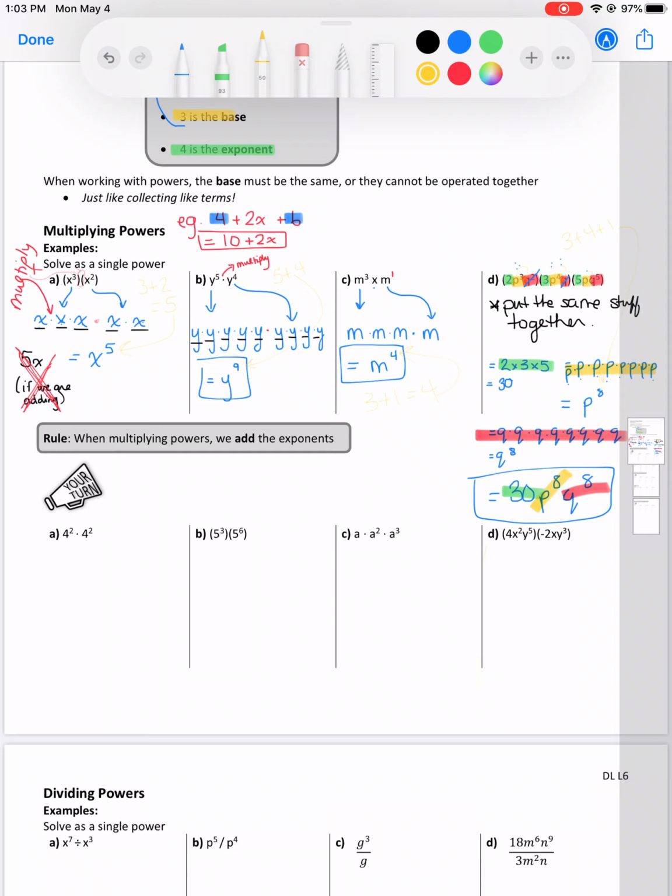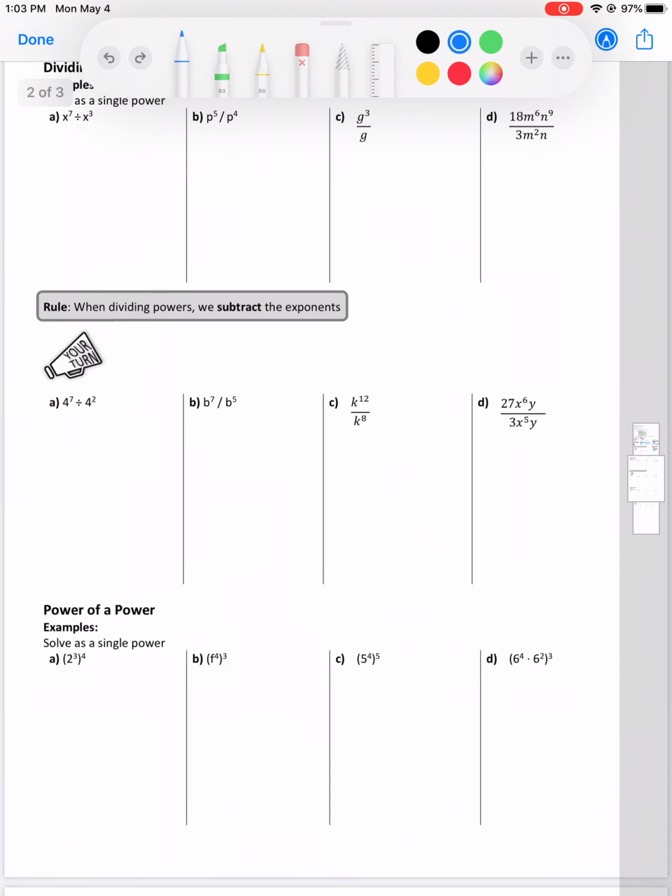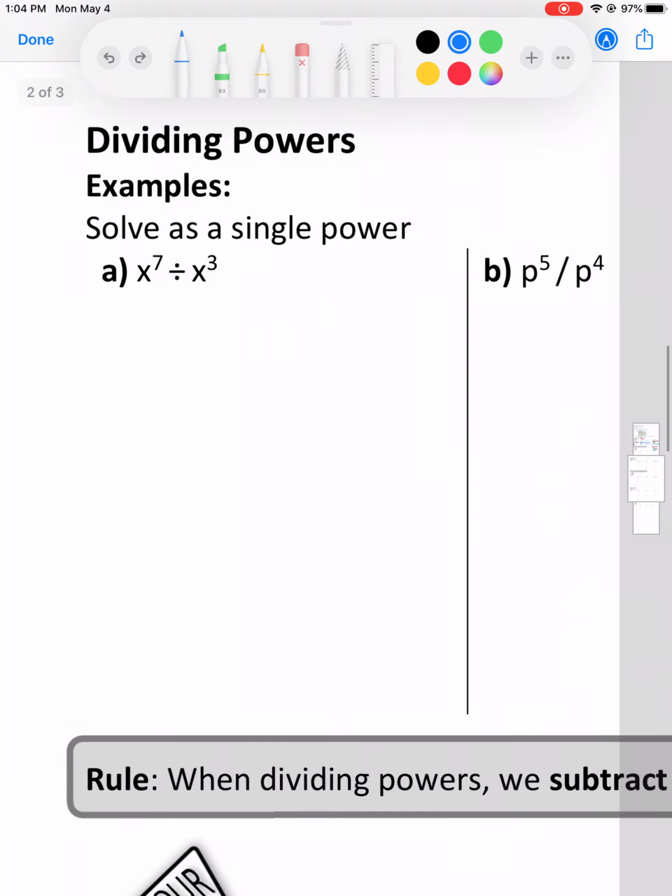Okay, moving on. So, dividing powers. If multiplying powers, we add the exponents, guess what we do when we divide powers? We subtract the exponents. I'm still going to show you what it looks like just so you guys have an understanding.